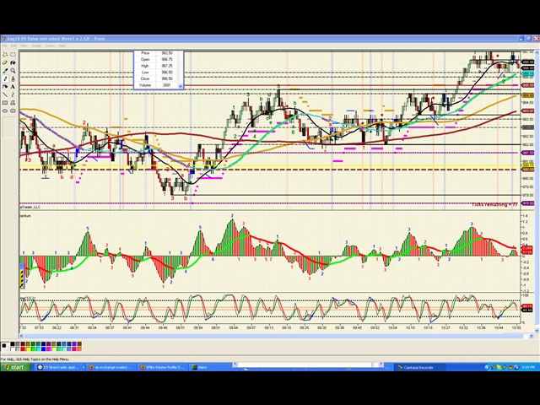Now this is our setup of a much smaller time frame, and here we're looking at something like the 480 tick chart, and we're looking at the same period. Remember, we were looking at the first hour, and we were looking at 15-minute bars, and then we looked at 8-minute bars.